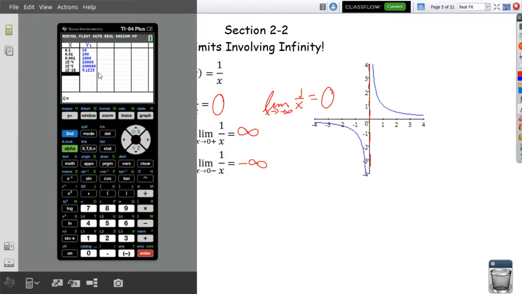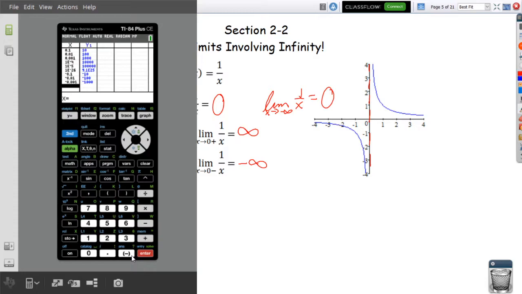Versus if I go with the negative side of all that, negative 0.1. Whoopsies. Negative 0.1. Negative 0.01. Negative 0.001. And you can do the numerical approach there. Approaching from both sides to see, well, in this case, not really approaching from both sides.